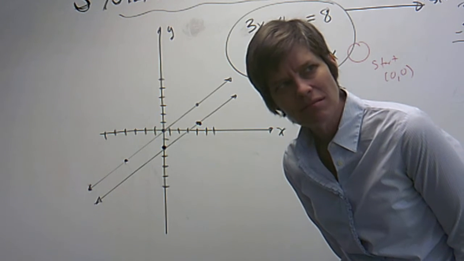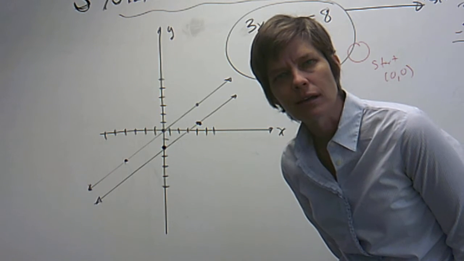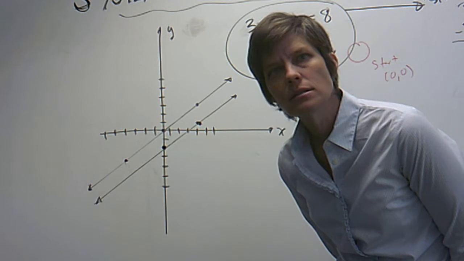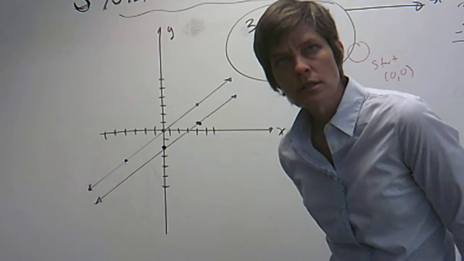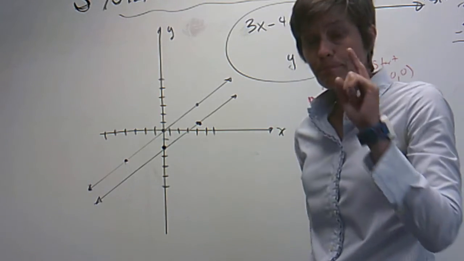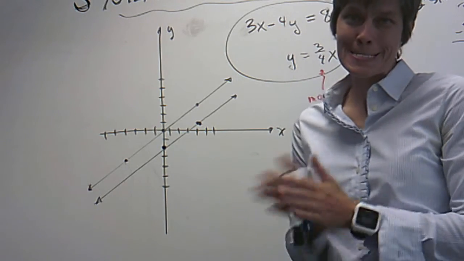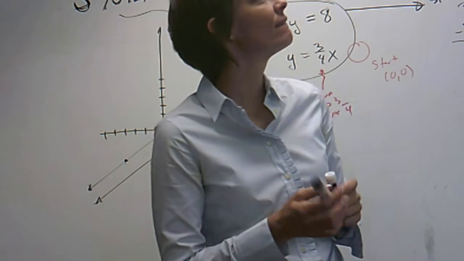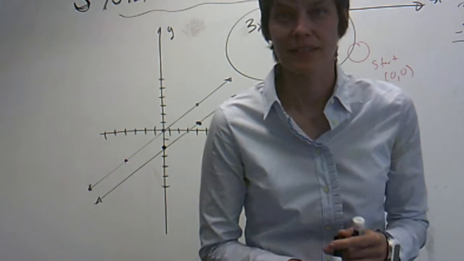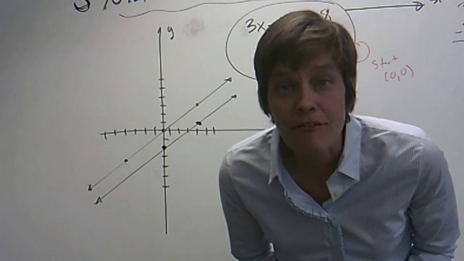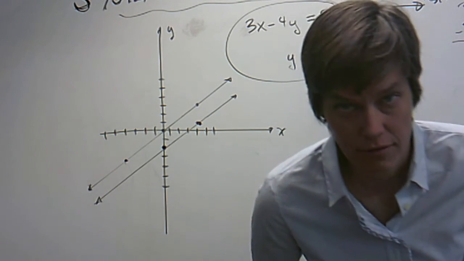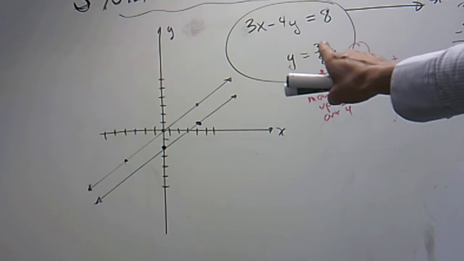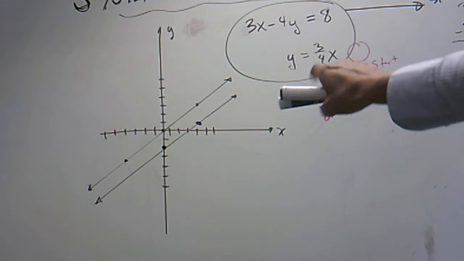Parallel lines, graphing, equations and slopes of parallel lines. Parallel lines have what kind of slope? They have the same slope. So let's look. There's our second line. What's our slope? 3 over 4.